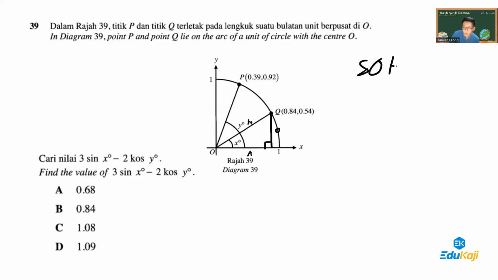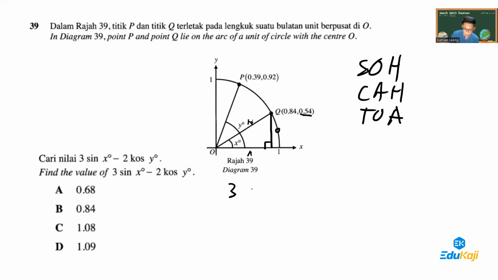So here I have to use SOHCAHTOA. It's all quadrant 1, so I don't need to care about positive or negative. It's all positive. So 3 sine x. Sine is opposite over hypotenuse. Opposite is the y value.